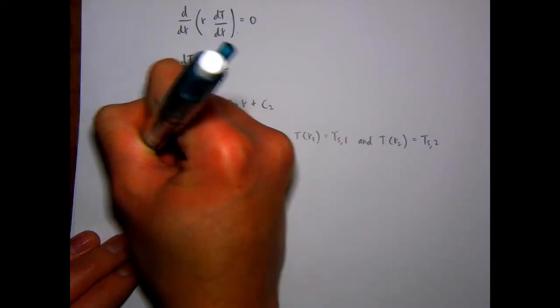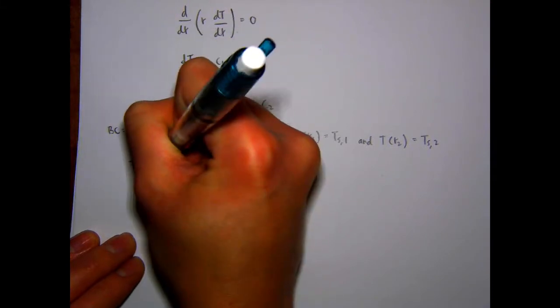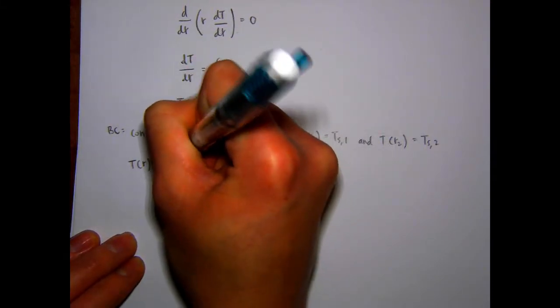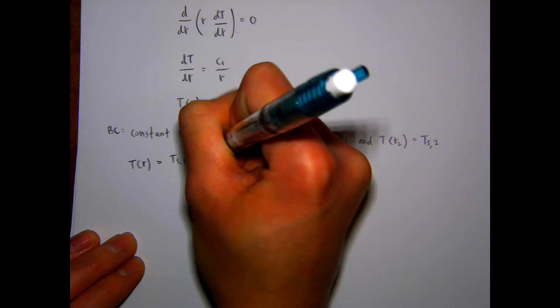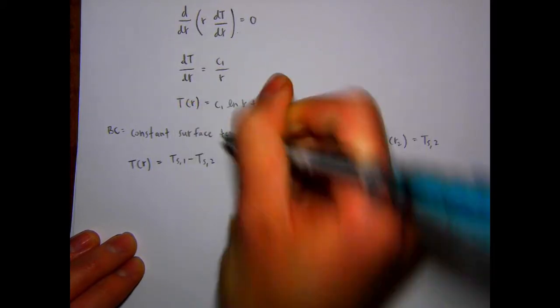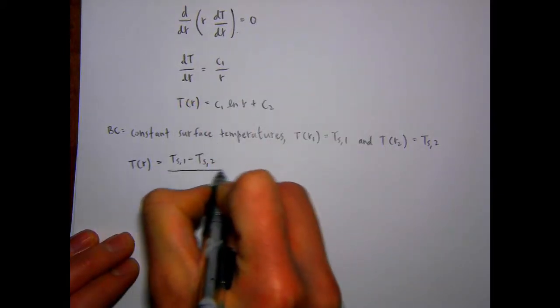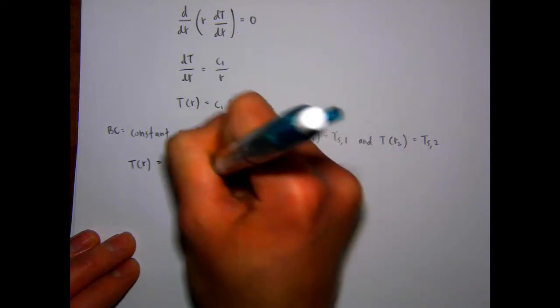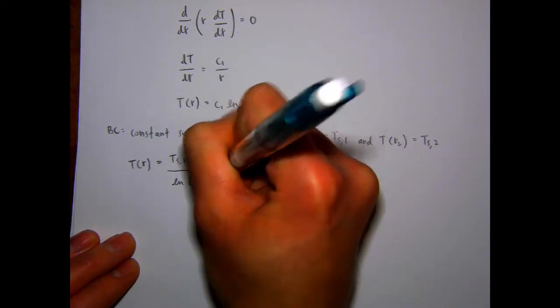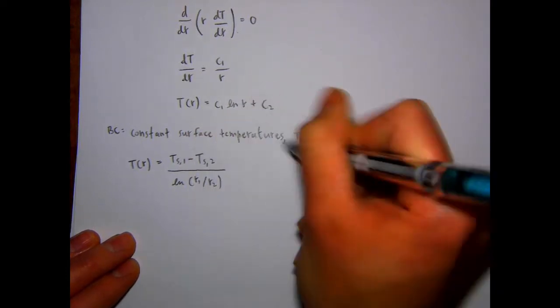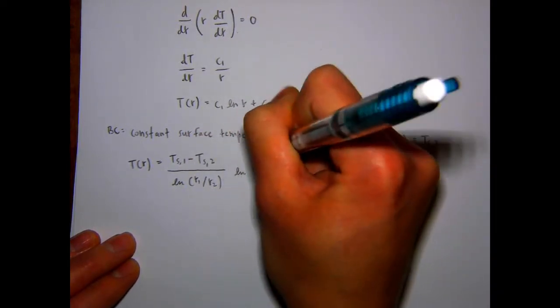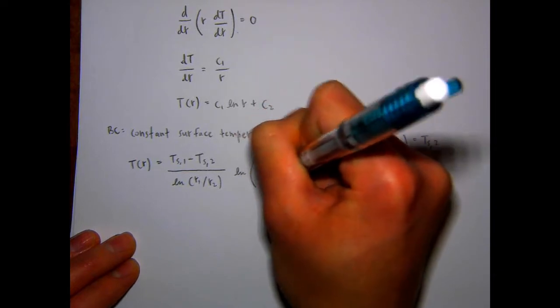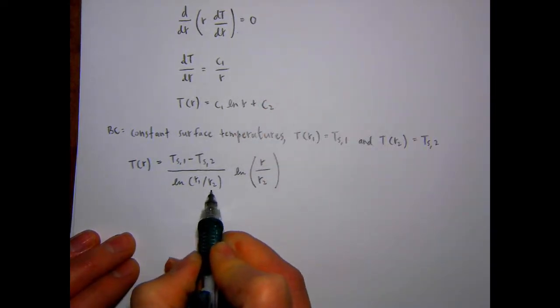And then you get out the temperature as a function of radius: TS1 minus TS2 over the natural log of R1 over R2, times the natural log of r over R2, plus TS2. And note here, this R1 and R2, those are known values, right?